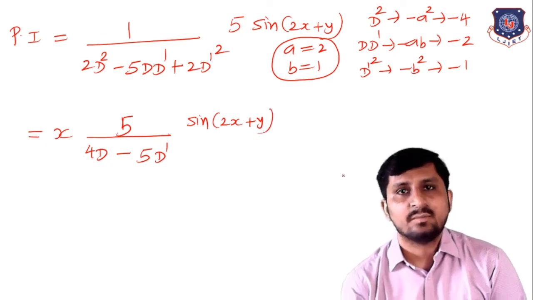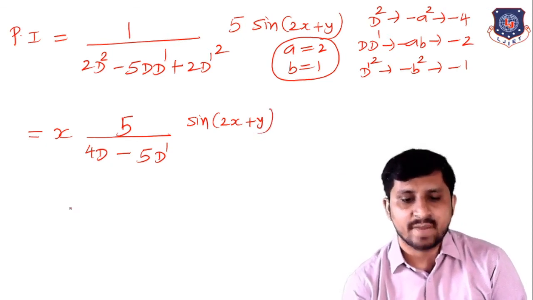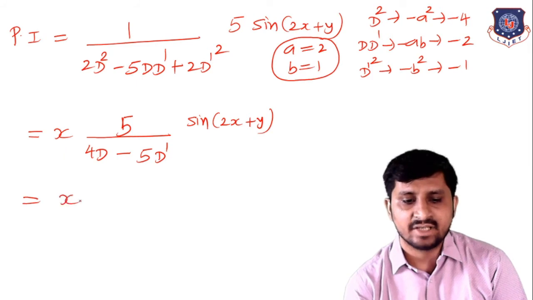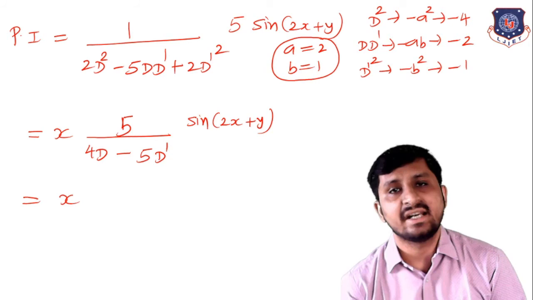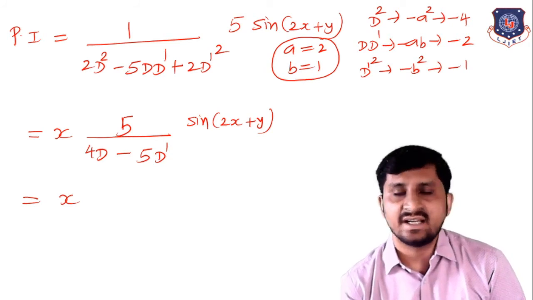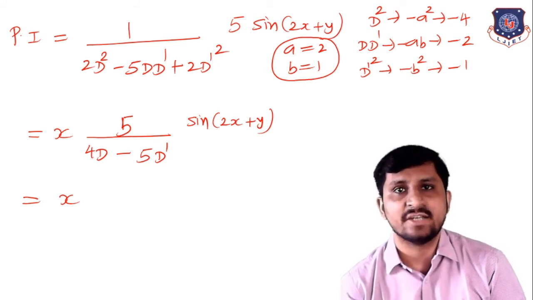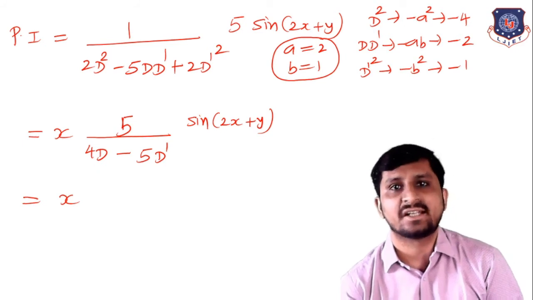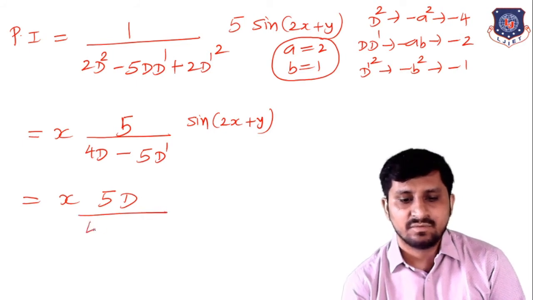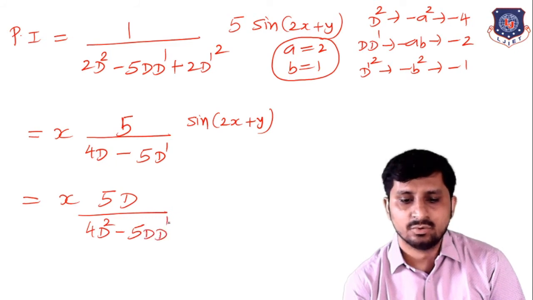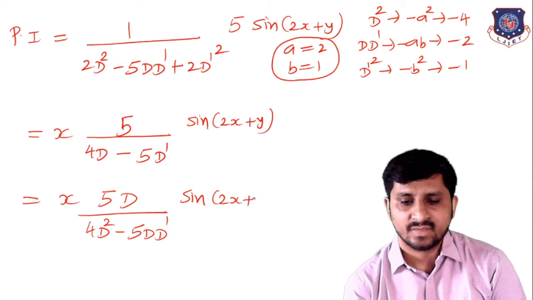Okay, now multiply with D and divide by D, because only we can take the values of D², DD' and D'². Instead of D and D', you cannot take any value. This is not case 1, don't forget. So we multiply with D and divide by D. So now we have 4D² − 5DD' in the denominator, and sin(2x + y).